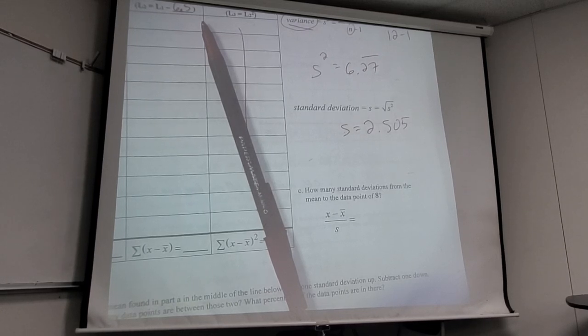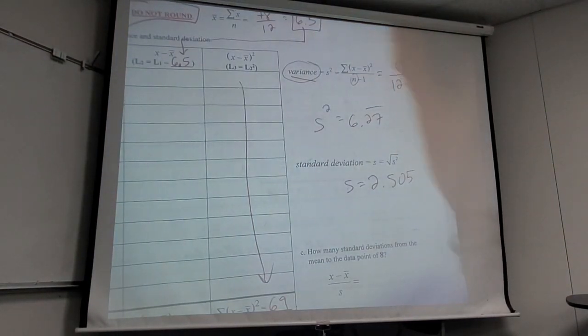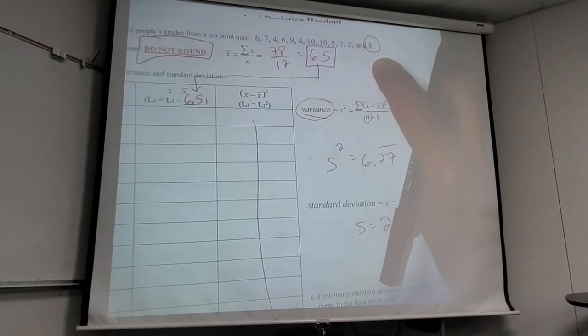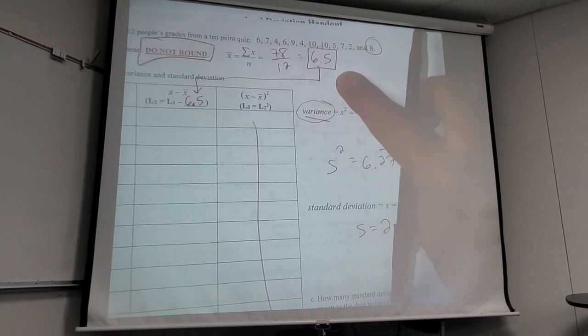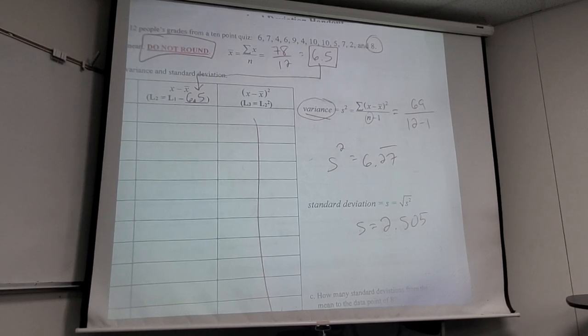In fact, what I just did is sort of what part C is about. If somebody made an 8 on the quiz, they scored above average, correct? Because the average was 6.5. But saying above average now, for us, is not good enough. Relatively, how far above average did they do?